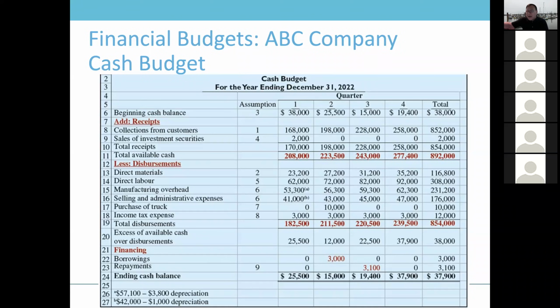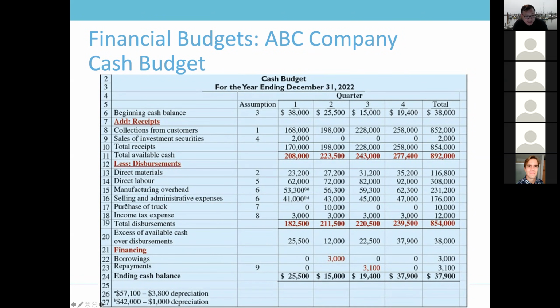You are not paying anyone $3,800, right? It's not a cash flow. You recognize the expense, the cost, but it's not a cash transaction, right? Therefore, they deduct that amount of depreciation from the manufacturing overhead cost.